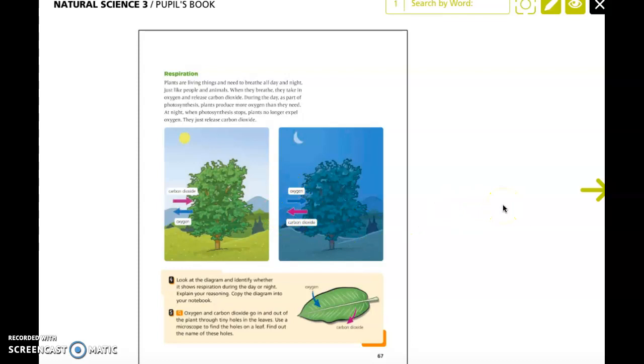During the day, as part of photosynthesis, plants produce more oxygen than they need, so they release the oxygen and take in carbon dioxide. At night, when photosynthesis stops, plants no longer expel oxygen, they just release carbon dioxide, as we can see here, okay? Releasing carbon dioxide, taking in oxygen. But during the day, releasing excess oxygen and taking in carbon dioxide.